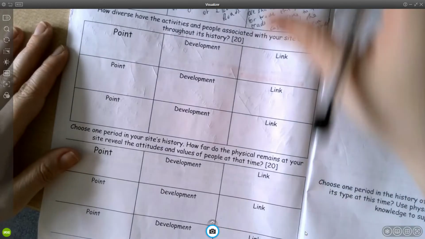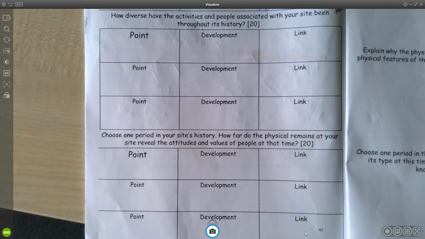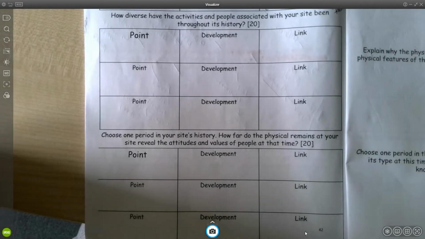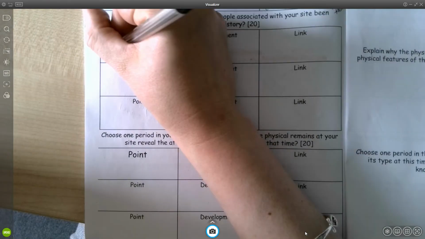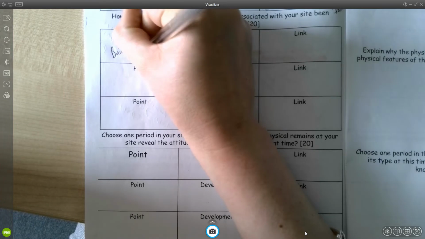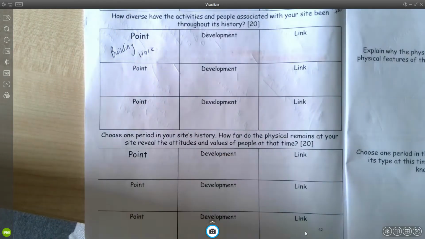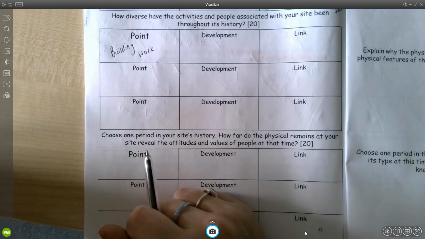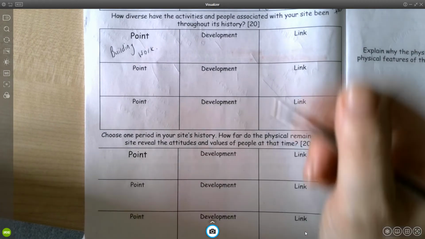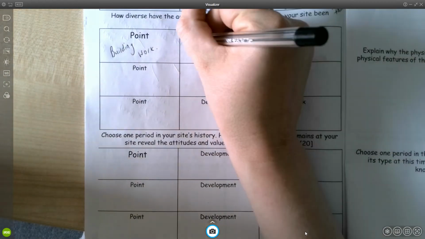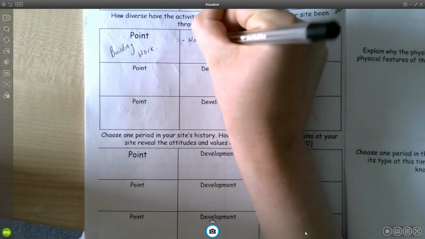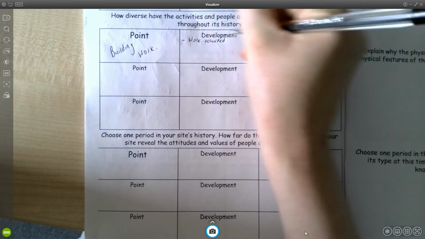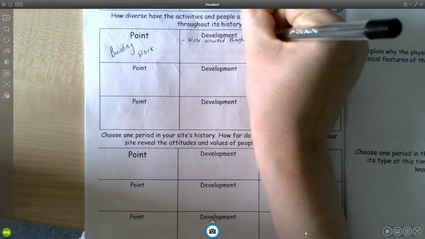Okay, so let's start with building work. So one activity associated with the site throughout its history has been building work. Works occurred throughout Skipton's history.